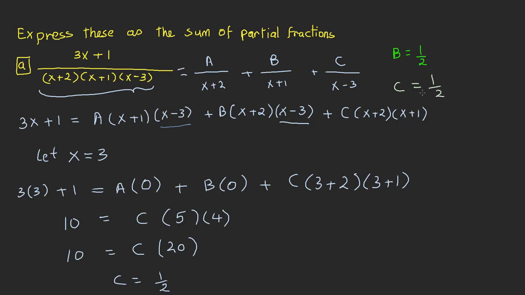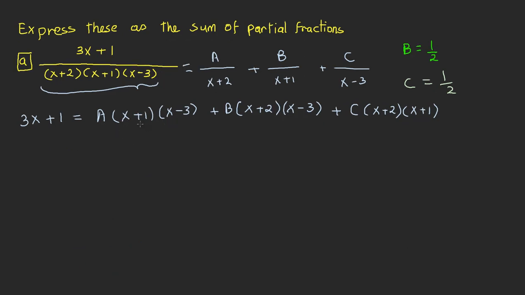Alright, now we'll try to find the value for a. We want b and c to be zero, so we can see that there is an x plus 2 in their terms and no x plus 2 here.